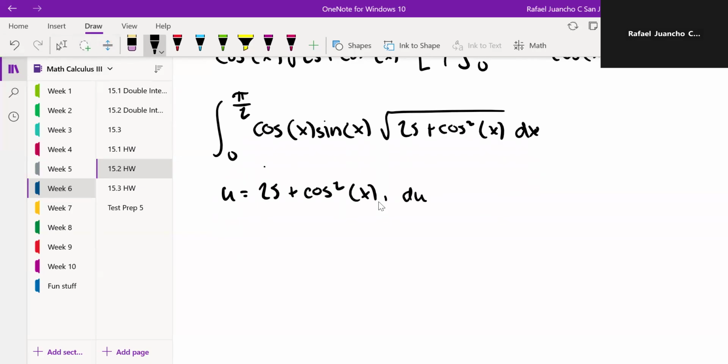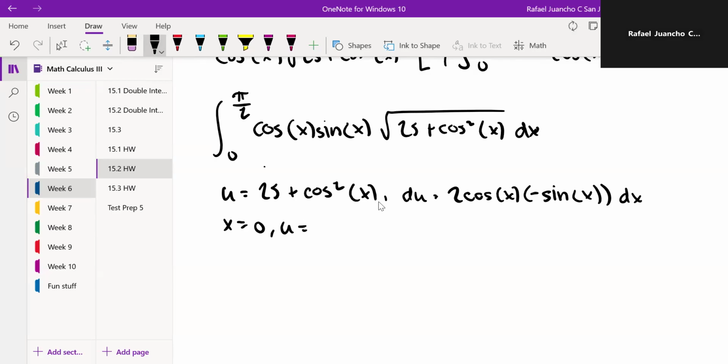So my du is 2 cosine sine, or negative sine actually, dx. Right? And then so here when my x is 0, my u is cosine 0, was that?